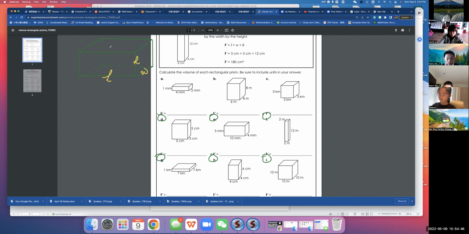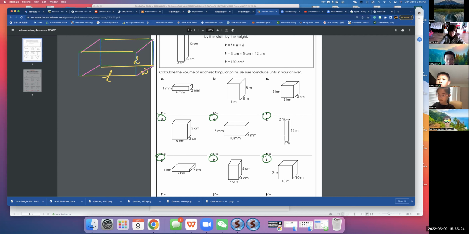Understand, Alexander? So the yellow line is called the length, the pink line is called width, and the blue line is called height. I just want you to find out how many similar or same lines there are. So this one and this one and this one are obviously the same. So that's why we know we have 4 height, 4 width, and also 4 length.